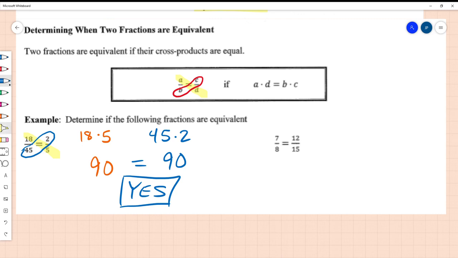All right, and we'll just do the same thing again. We'll multiply across 7 times 15. So 7 times 15 is what? It's 105.